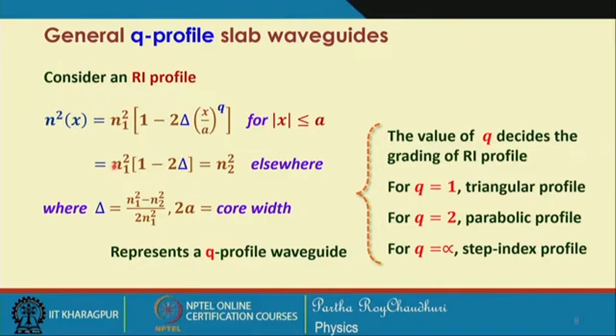This becomes equal to n 2 square elsewhere, that is outside the core region.